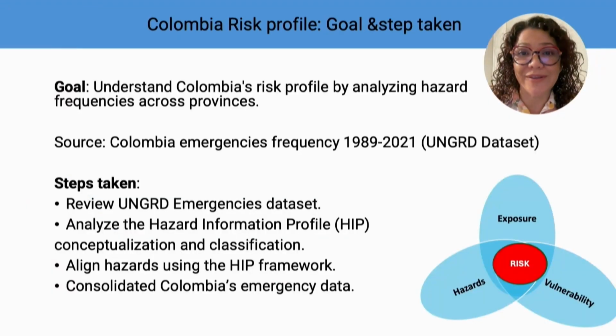To understand the Colombian risk landscape, I used the National Unit for Disaster Risk Management Emergency Frequency Dataset from 1989 to 2021. I cleaned the data, then analyzed the hazard information profile, reviewing the conceptualization and classification for each hazard and cluster, and after that I reclassified the hazards using the HIP framework.